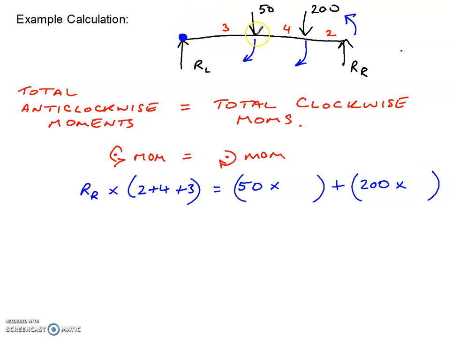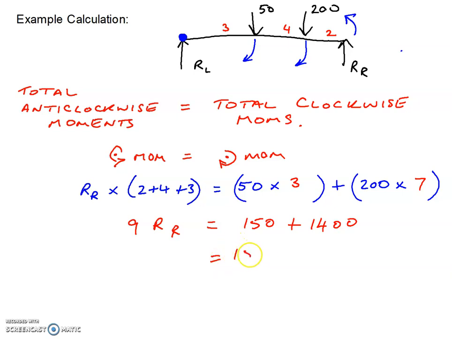Now you can see here that the 50 is 3 meters from the pivot point, and the 200 is 4 plus 3, the total distance to the pivot point. So that's 7. So we have got 9 RR equals 150 plus 1,400.